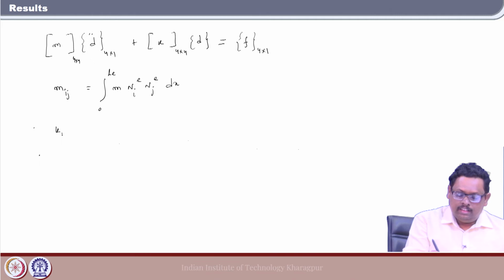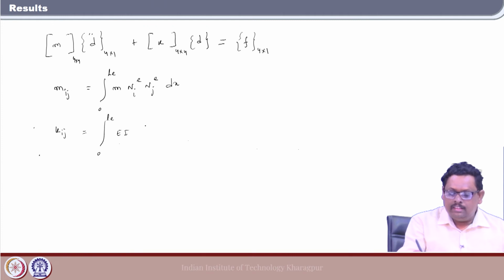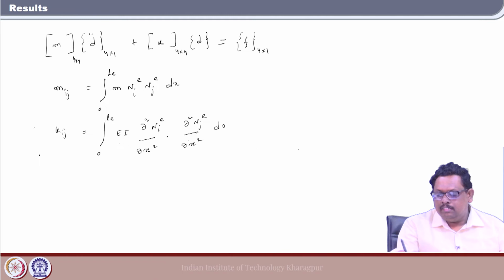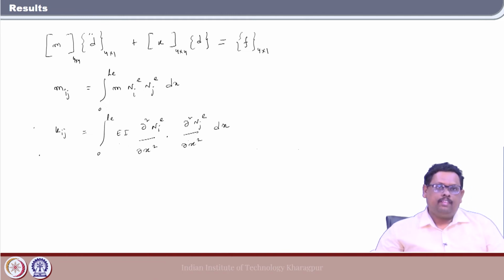Now, again this k i j term should be the integral from 0 to L E of E I, which is del square N i E by del x square, into del square N j E by del x square, into dx.